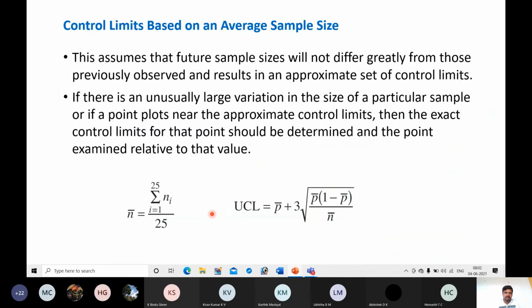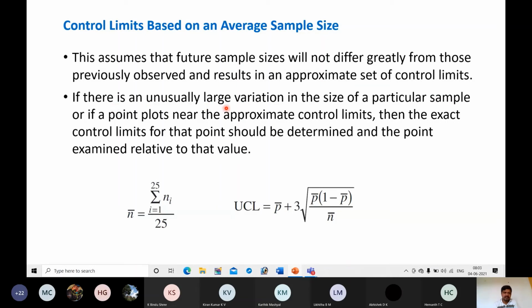Next, we will consider one more approach, control limits based on an average sample size. Here, instead of considering different n values, even though that is the actual data, we are considering the average of n. This assumes that future sample sizes will not differ greatly from those previously observed and results in an approximate set of control limits.